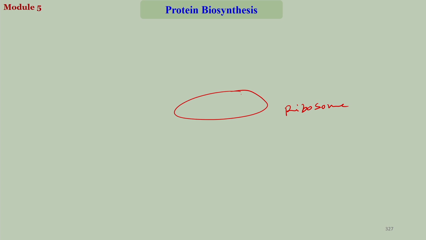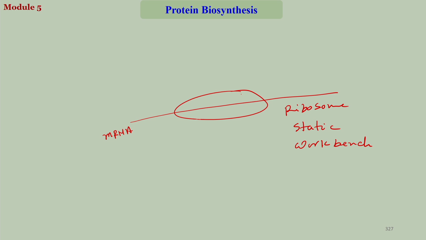The function of the ribosome, as we have mentioned, is static, and it works as a workbench or a platform on which the synthesis occurs. We have seen how the mRNA goes back and forth into the ribosomal subunit, into its binding pocket, where the synthesis occurs.